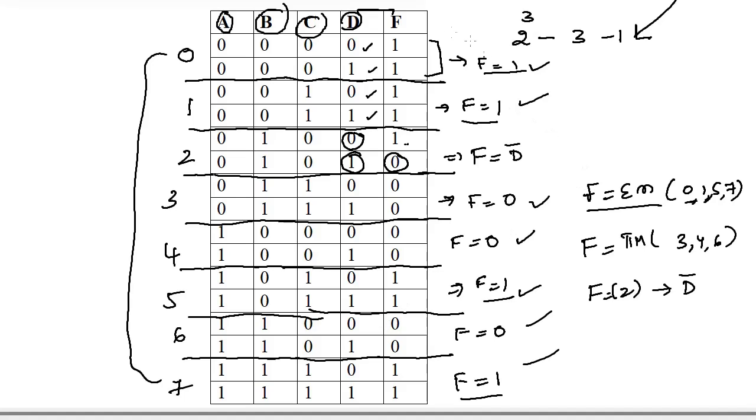Now see here, all the 16 possible combinations are converted into 8 possible combinations. Those 8 possible combinations: 0, 1, 5, 7 are connected with logic 1, and 3, 4, 6 are connected with logic 0, and data line 2 is connected with D bar. That means if the binary value has decimal equivalent 0, the data line 0 will be active.